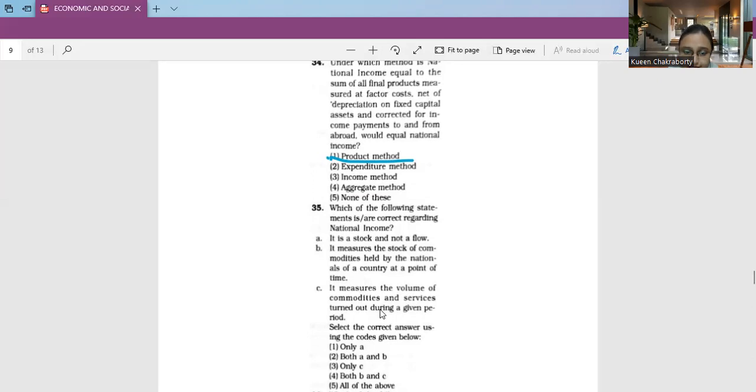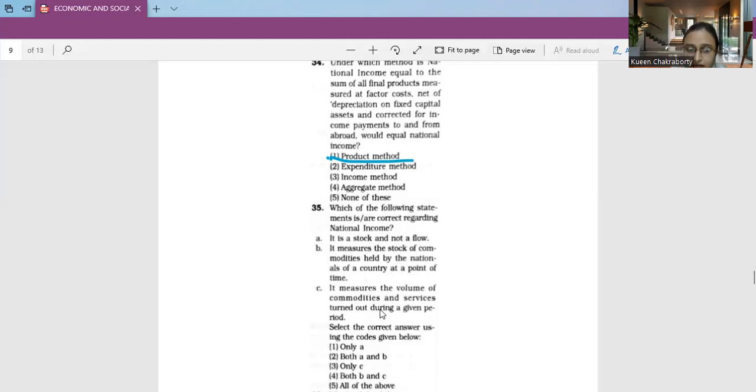So, option C, it measures the volume of commodities and services turned out during a given period. National income is a flow and not a stock, as contrasted with national wealth, which measures the stock of commodities held by nationals of a country at a point of time.